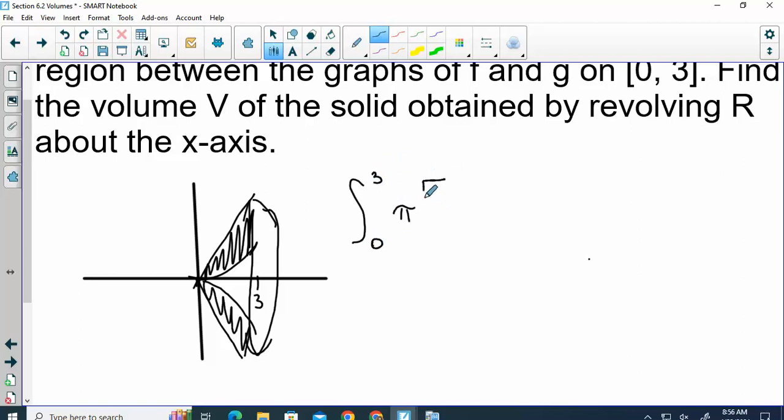Okay, this one has 2 curves, so we have to do each radius squared. Right, so the outside is the line, so that was 5x. The inside is my parabola, so that was x squared.